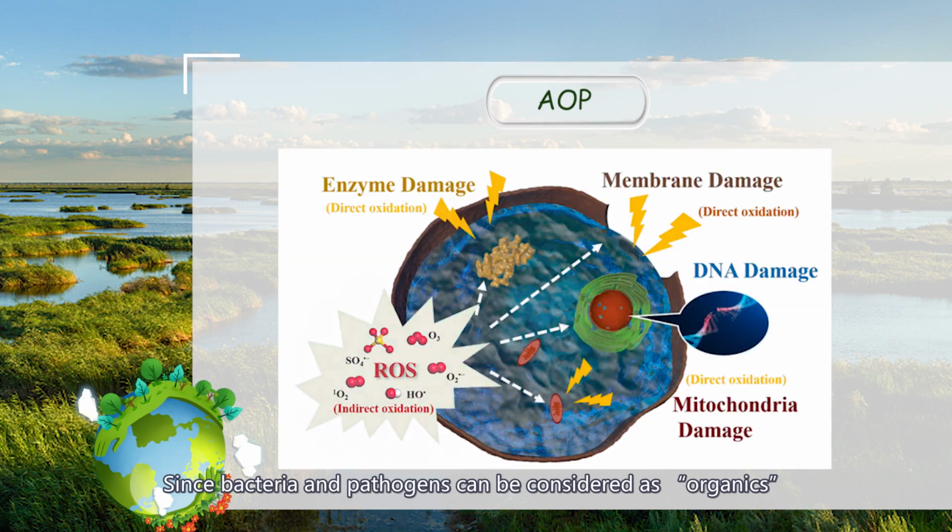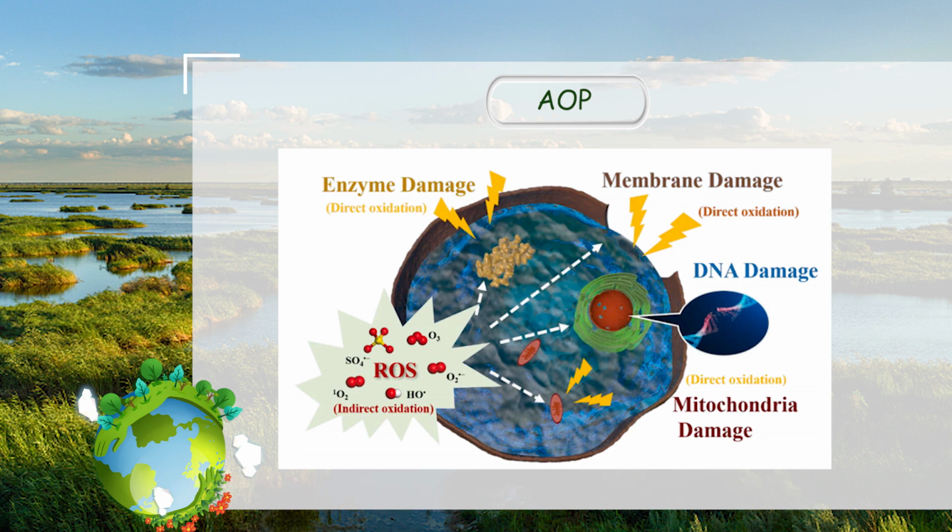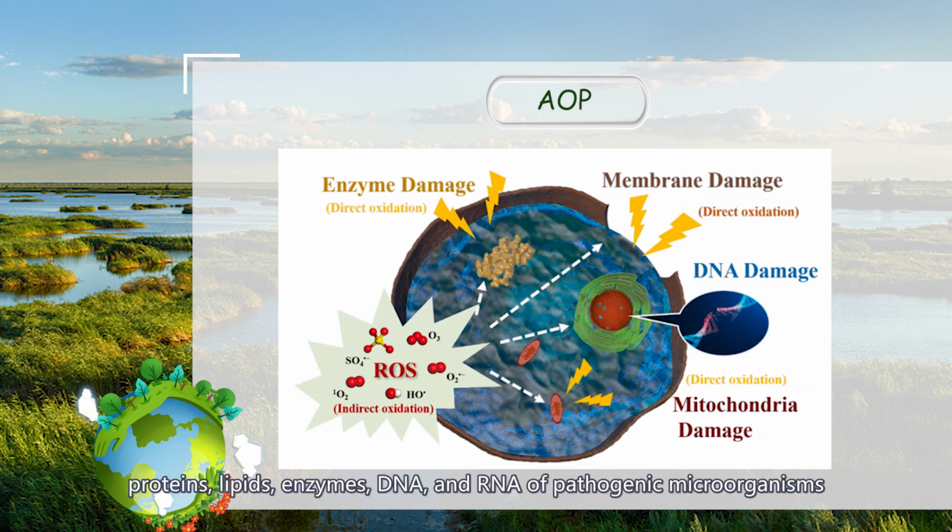Since bacteria and pathogens can be considered as organics in AOPs, highly reactive oxygen species, ROS, such as hydroxy radicals, hydrogen peroxide, ozone, singlet oxygen, sulfate radical, and sulfur oxide radicals are formed in situ, which can initiate oxidation reactions in water to damage membrane, proteins, lipids, enzymes, DNA, and RNA of pathogenic microorganisms.